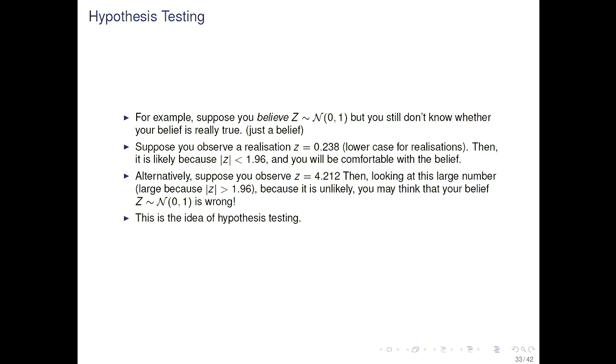So, in any case, suppose we believe some theory that is summarized by this hypothesis. So, under our theory, we believe that the true value of mu is some number. In the coin toss example, this number mu naught, mu superscript 0, is 0.5, but it doesn't have to be 0.5. It may depend on the application, the problem that you have.